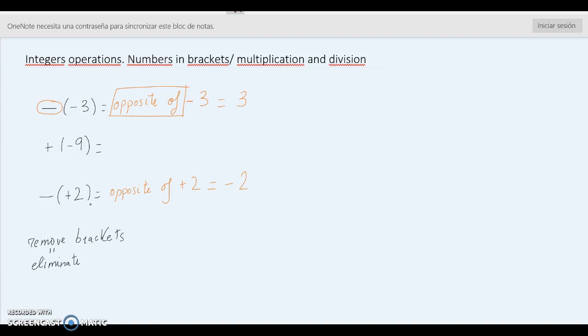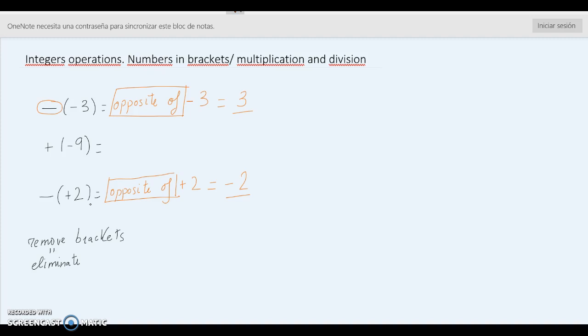Okay? Well, I have to say something. In your operations, you don't have to write this "opposite of". Of course, you can write the solution directly. Okay, you can write minus 2 or you can write 3.